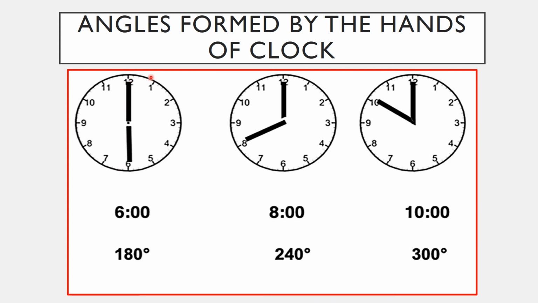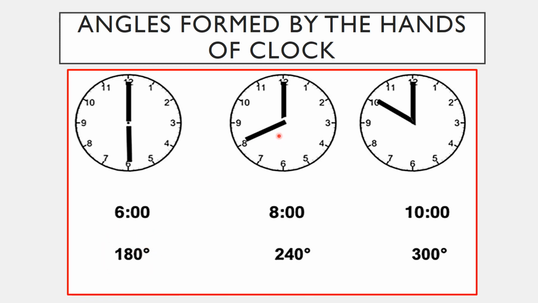See here, one division from 12 to 1 is of 30 degree because the whole total is 360 degree. So if you divide 360 by 12, each part from 12 to 1 is of 30 degree. 30 plus 30 is 60, 60 plus 30 is 90. So this is 180. At 6 o'clock, the angle formed is a straight angle, that is 180 degree.